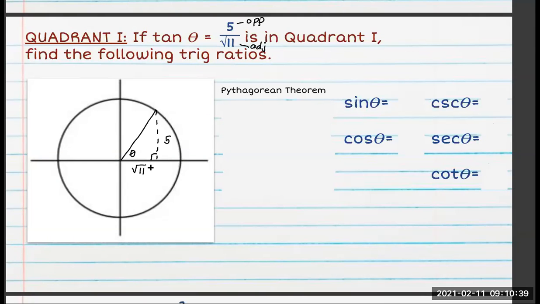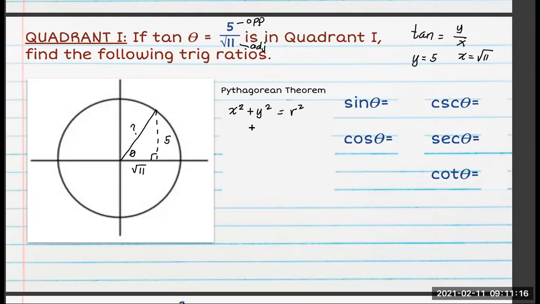All right? So we want to find this side, the hypotenuse of the triangle or the radius of the circle. So remember your formula, right? You have x squared plus y squared equals r squared. Now tangent theta is equal to y over x, right? As we have established earlier, which means that your y is 5 and your x is square root of 11.